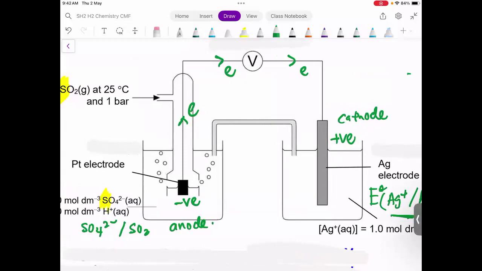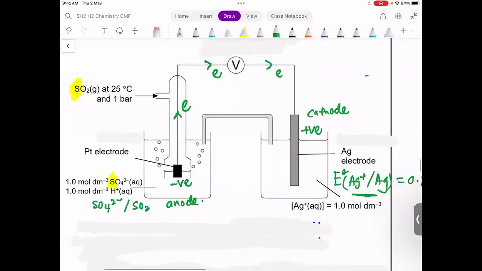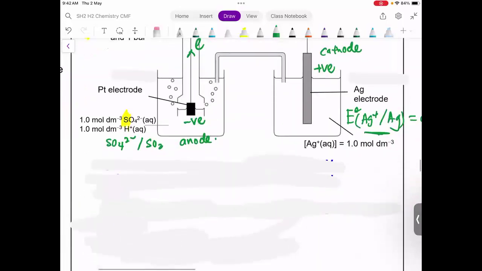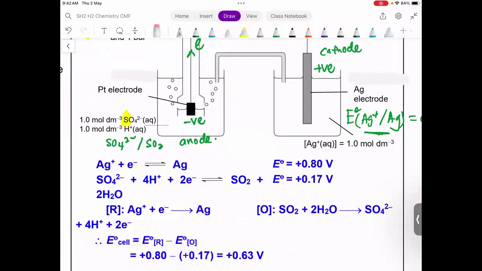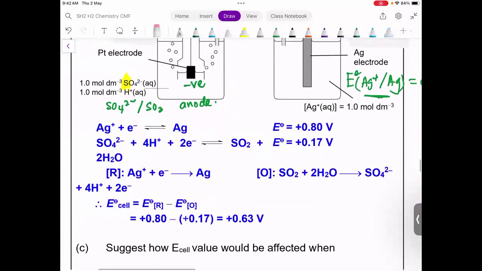Okay, so have you made the correct conclusion? These are all the workings. So this will be what we use as a reference. We can calculate the E0 cell from the standard electrode potential. So my cathode is here. Then reverse the sign using minus. Then we have our anode.